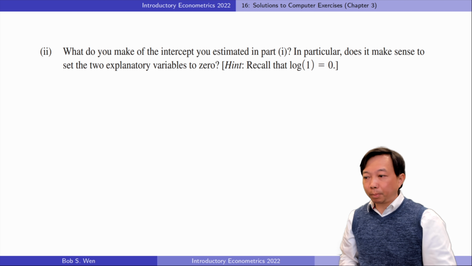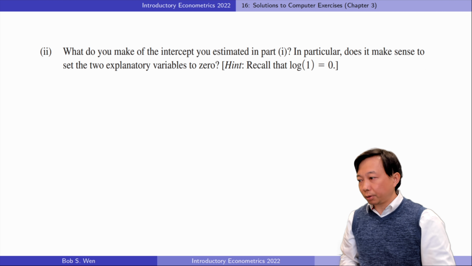But it is possible to set the school lunch program participation variable to 0 because there could be schools without any students in the lunch program. If both explanatory variables are set to 0, the predicted pass rate is -20, which could not be true.